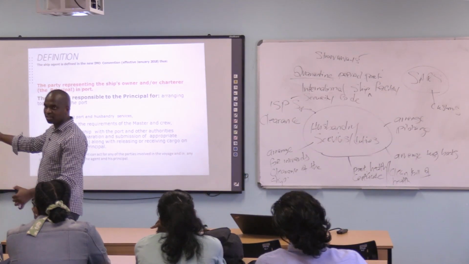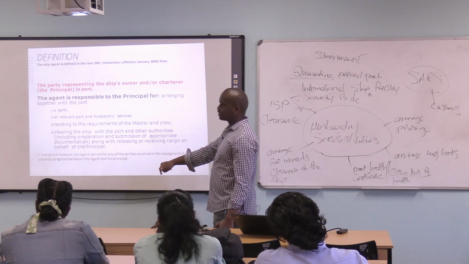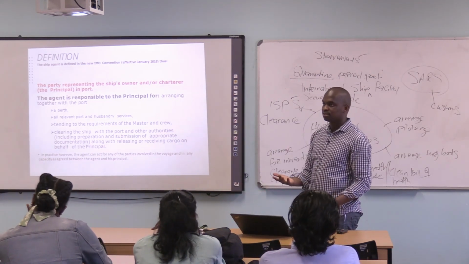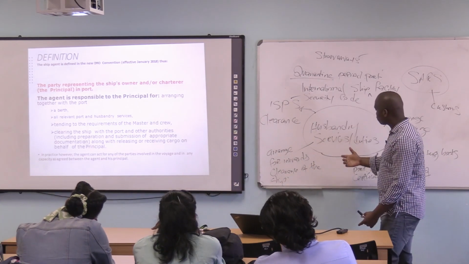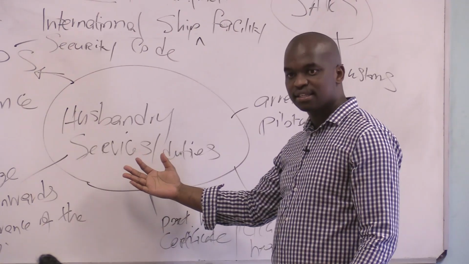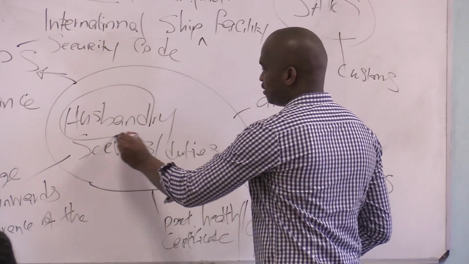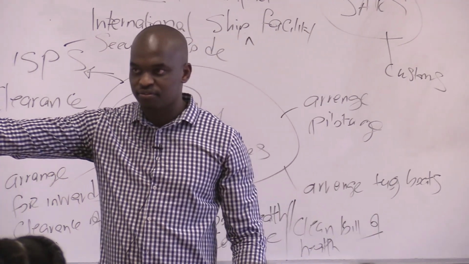So ships are being referred to as she simply because yes, they have maintenance. They need to be looked after. They have to be protected. So as a ship agent, you perform these husbandry duties, as in a husband looking after his wife, which is a she.